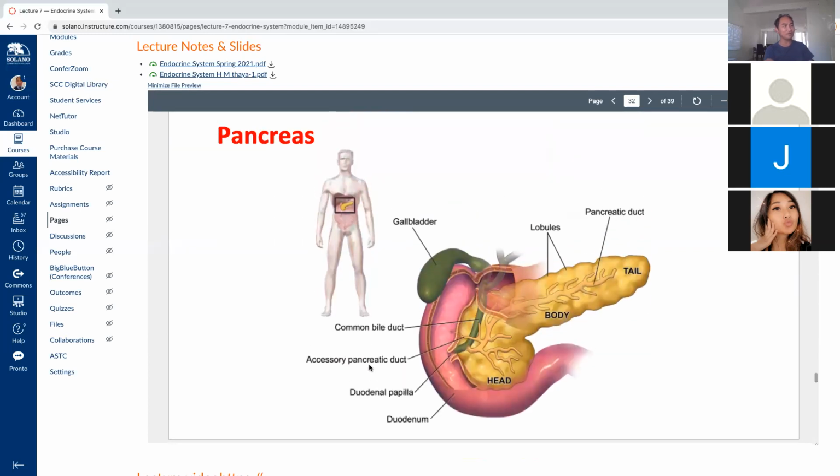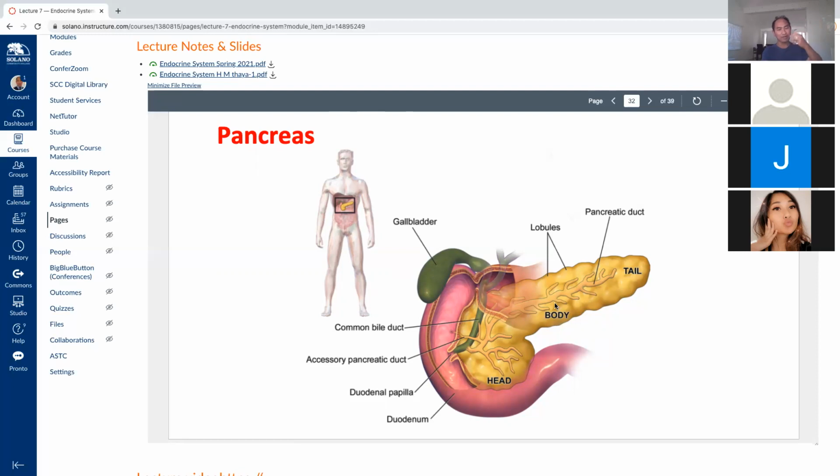Pancreas, don't forget pancreas. It is a big gland, and it is both an exocrine and endocrine gland. Look at the pancreatic duct. That contributes to the exocrine pancreas, and there is the endocrine pancreas where there is insulin and glucagon.